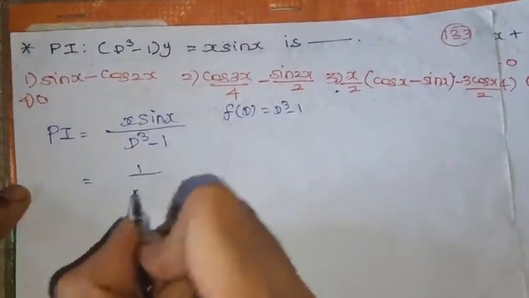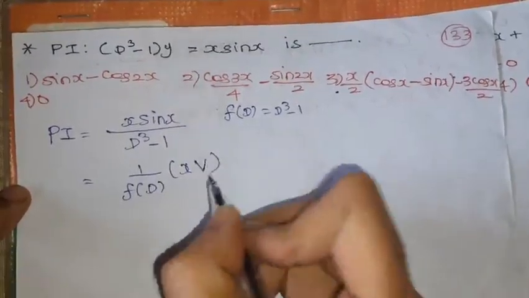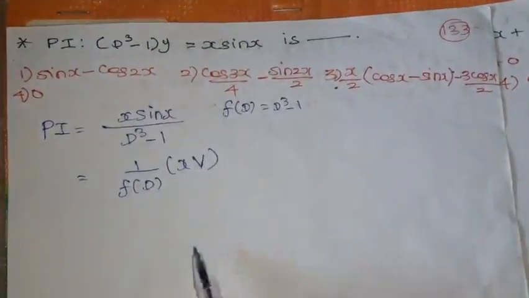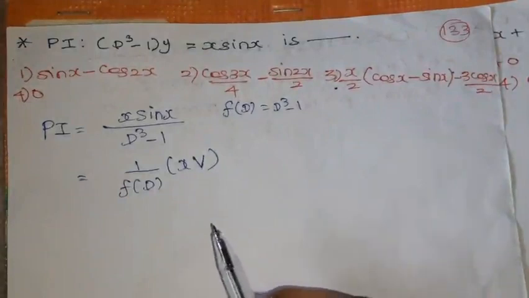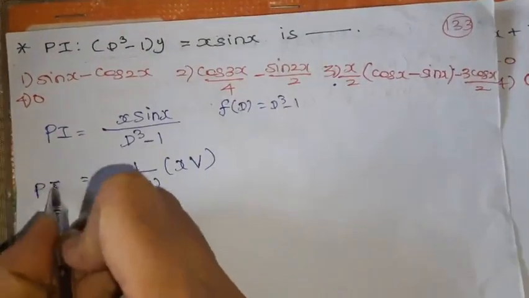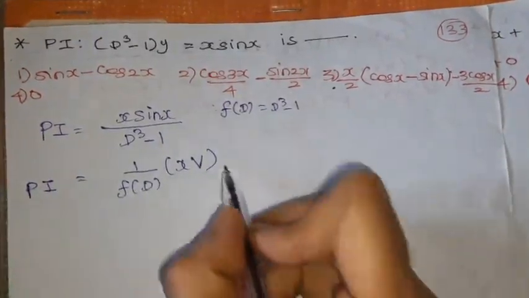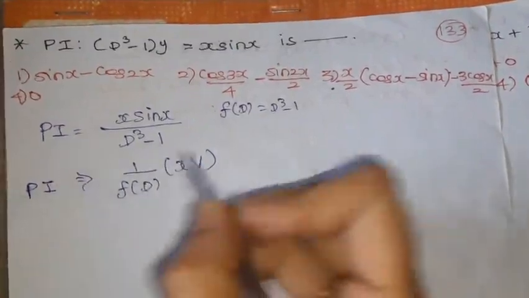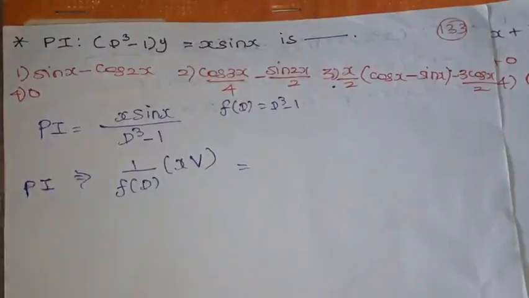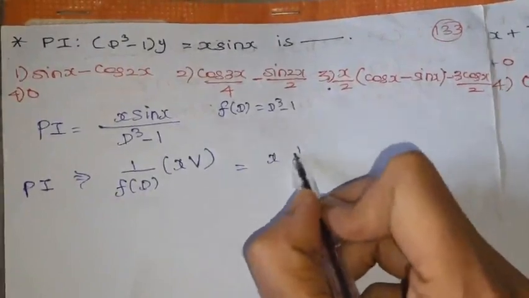So 1 by f of D times x V. If it is in the form of 1 by f of D into x multiplied with some function V, we need to follow this formula. 1 by f of D is D cube minus 1, and here V is nothing but sin x. V equal to sin x.